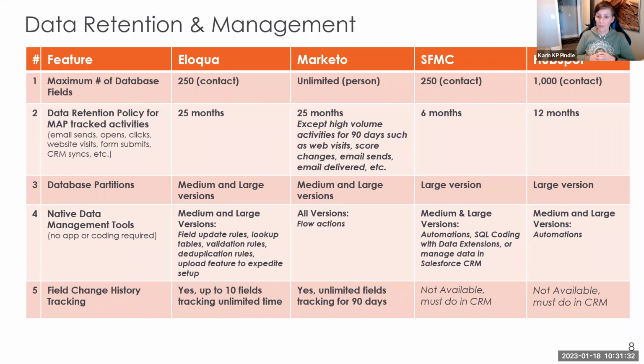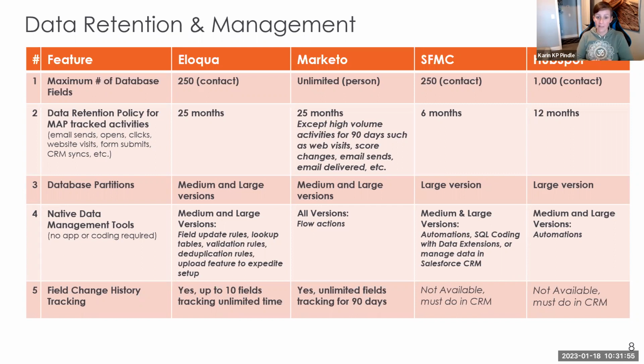HubSpot has automations. This is one of the biggest differences between the platforms as far as data goes. Eloqua has a lot more data management features available, as listed here. And it goes back to the history of it. It was built for technology companies with lots of data in the enterprise space.